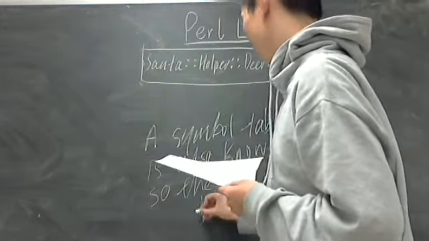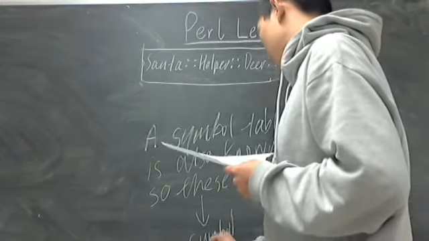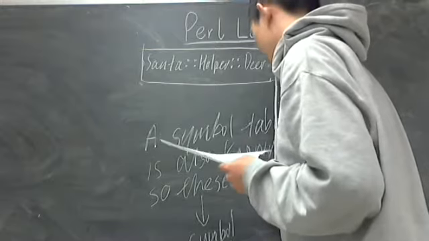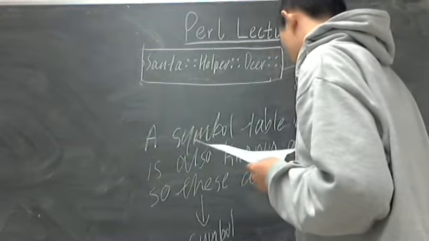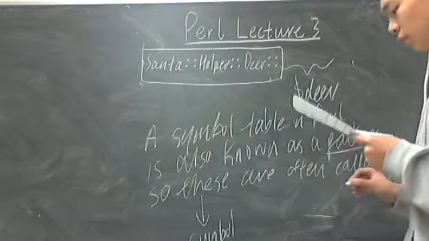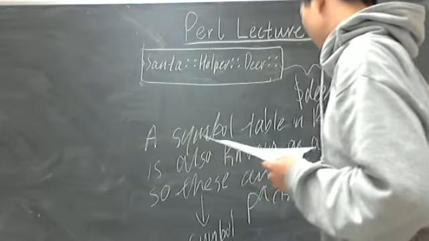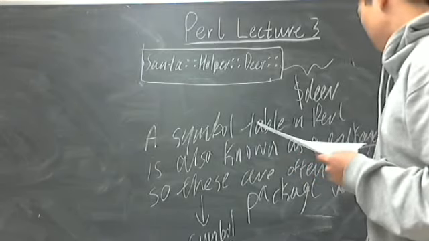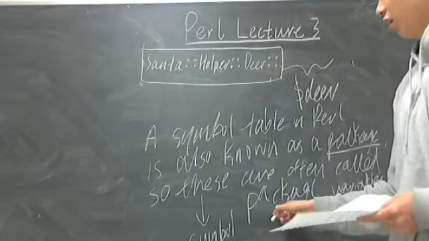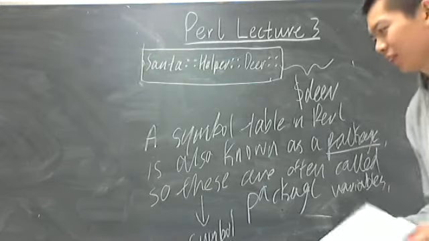So these, meaning the symbol table, are often called package variables. In essence, a package variable is just a fancy word for a global variable, okay? They mean the same thing.